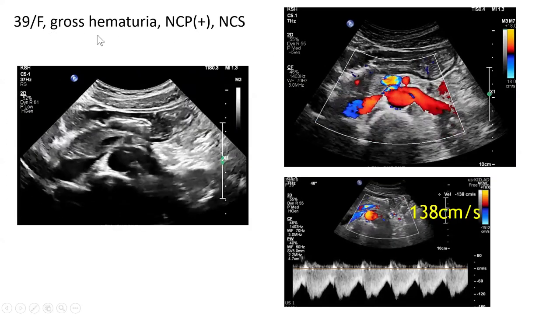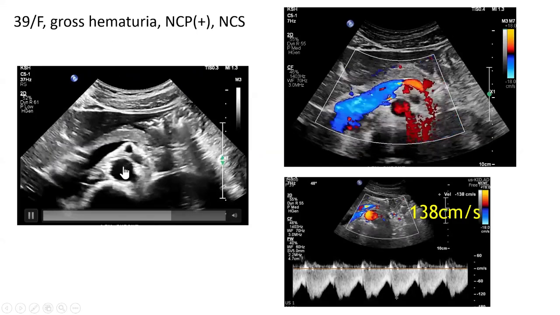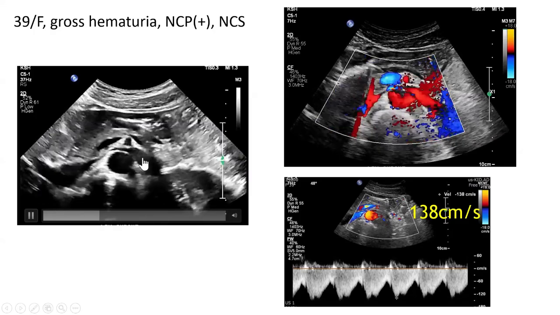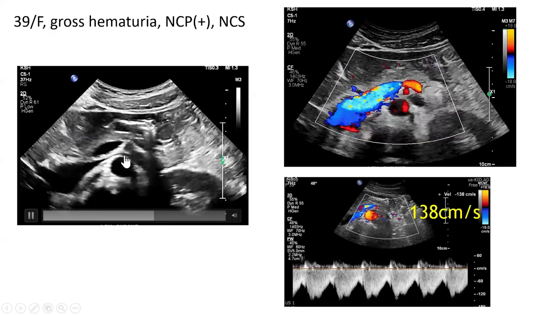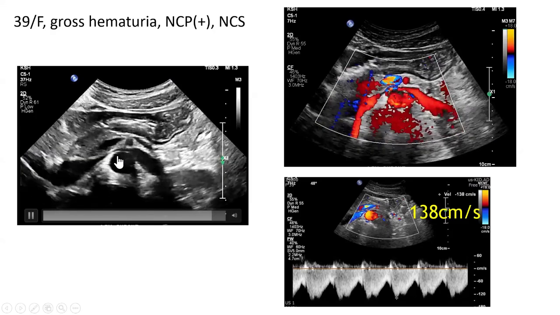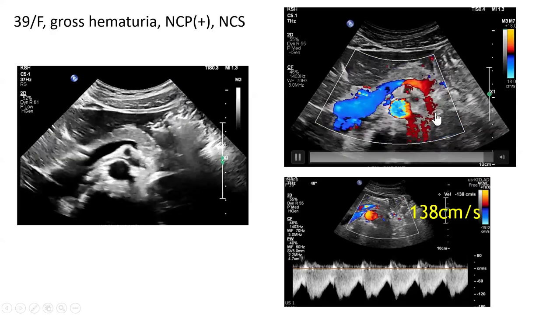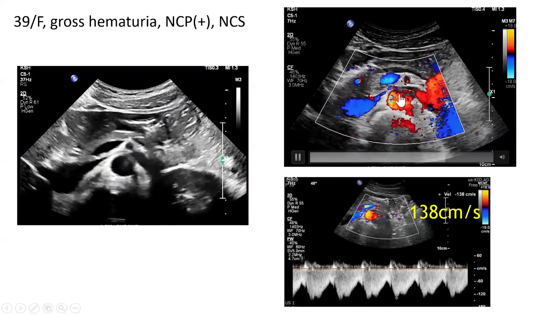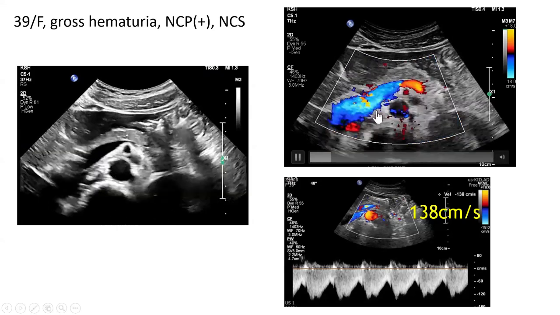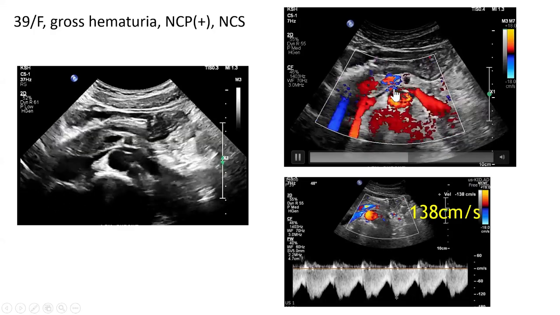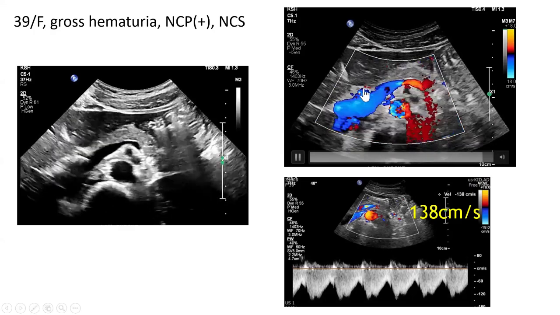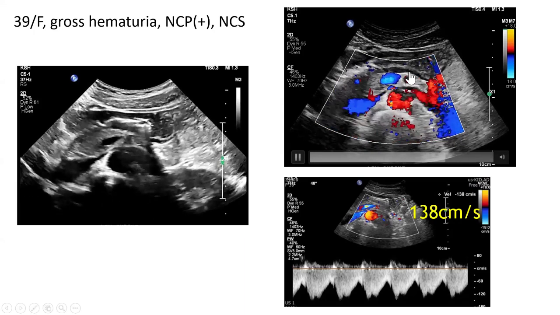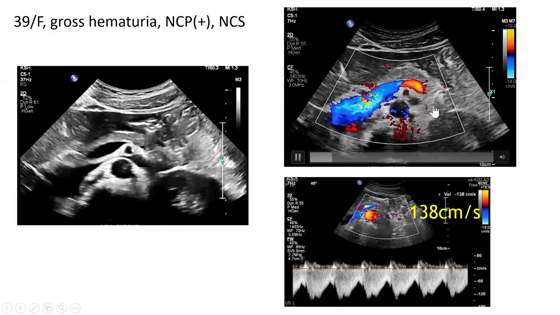This is a young woman with gross hematuria, and definitely an abnormal aorta, superior mesenteric artery, dilated left renal vein, and narrowed aortomesenteric left renal vein. In color Doppler, this red color here, and this is an intermittent bright color in this left renal vein. This anterior vein is the splenic vein and portal vein, so we should not confuse it with this vessel.